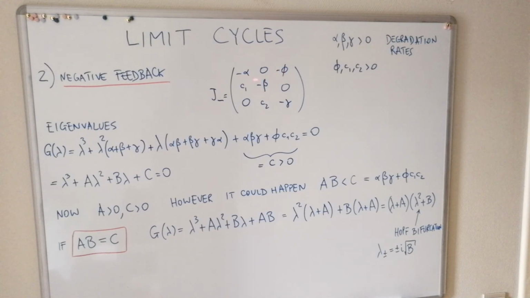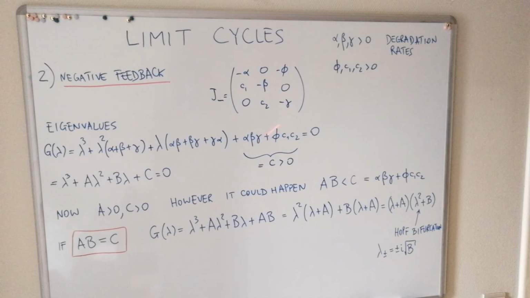Also, if you have minus, minus, and minus, 3 negative terms gives rise to a negative feedback loop. So what is important here is always the product of phi, C1, and C2. Also in the previous case, if one had 2 minus signs here and a plus sign here, it would have still been a positive feedback.